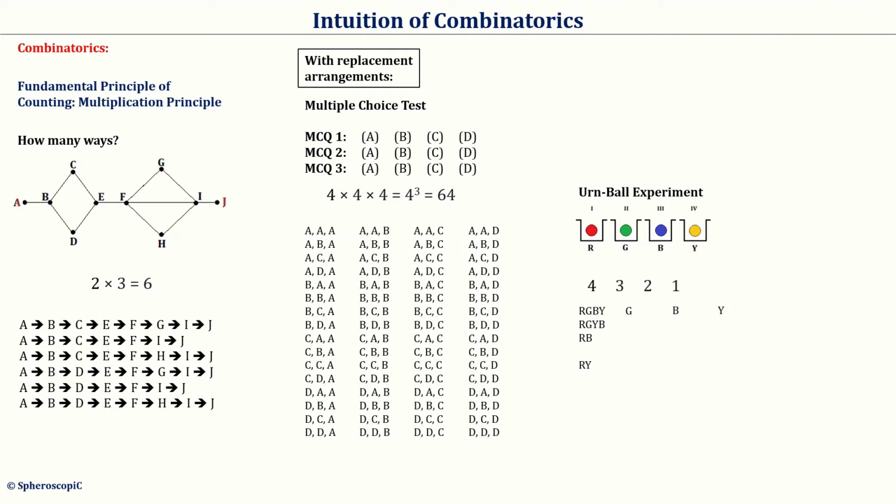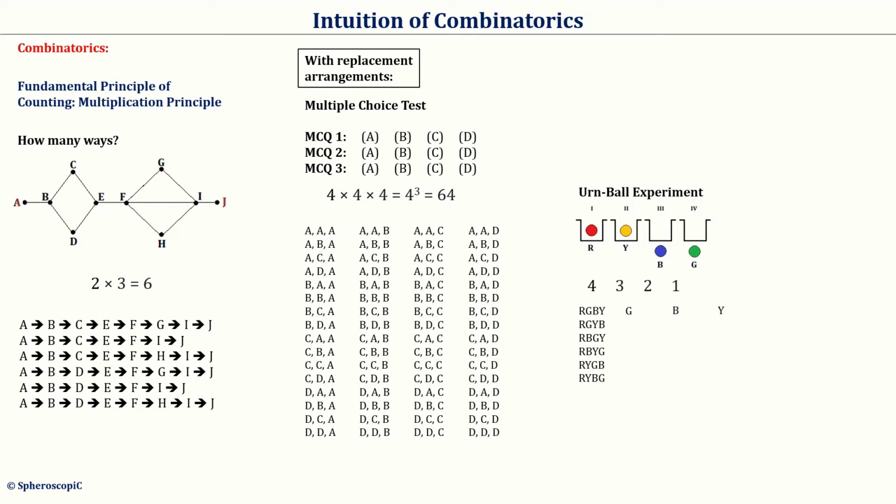If we consider the case in which first urn is occupied by red and second urn is occupied by blue, rest 2 urns can be occupied by rest 2 colors in 2 ways. When we put red in first urn and yellow in second urn, rest 2 urns can be occupied by rest 2 colors in 2 ways.